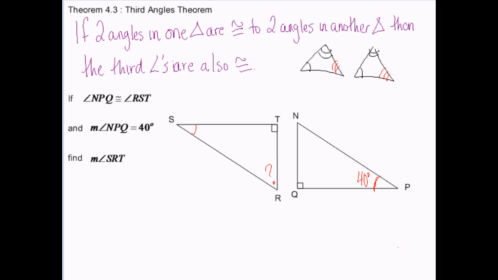This is 40. That makes this one 40. And these two are congruent, the 40 and the 90, the 40 and the 90. That makes these two congruent. So these are both going to be 50 to add up to 180. So SRT is 50. Make sense? That 40 is kind of hard to see.